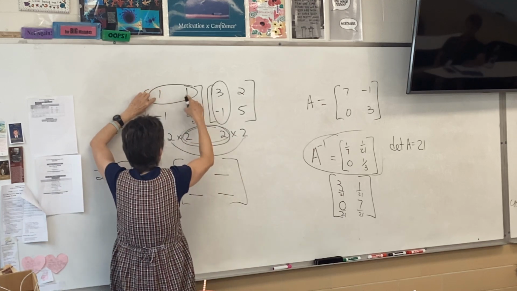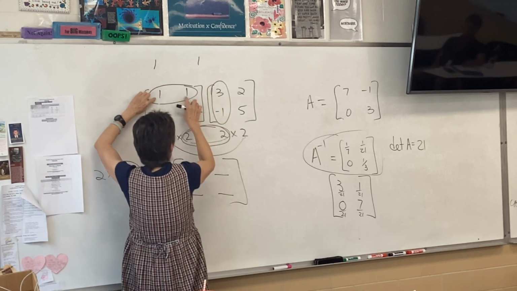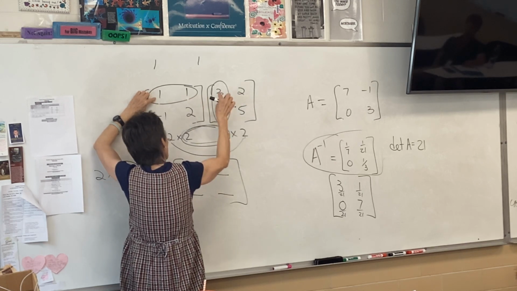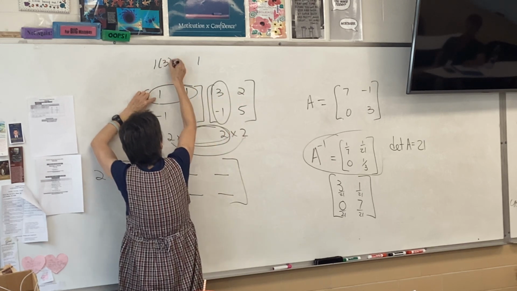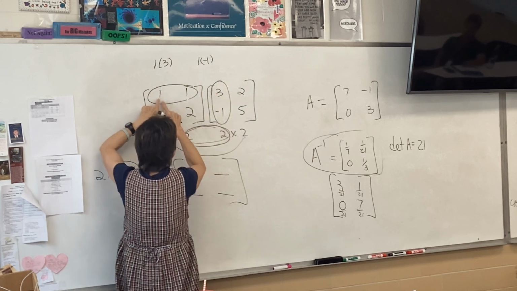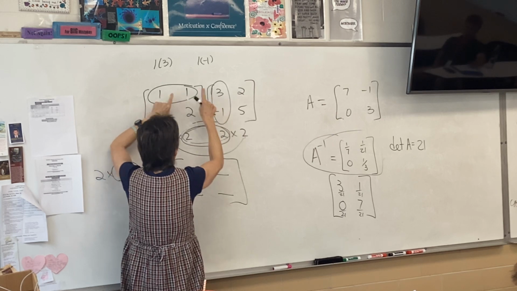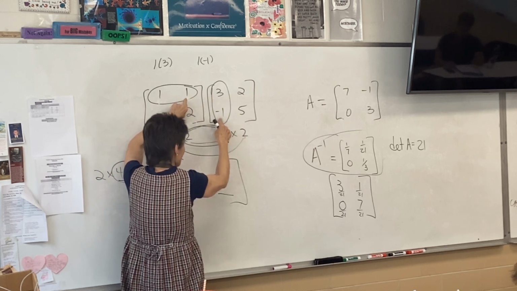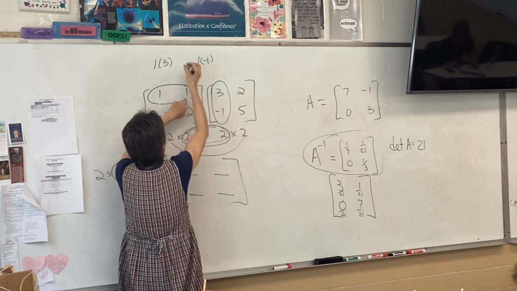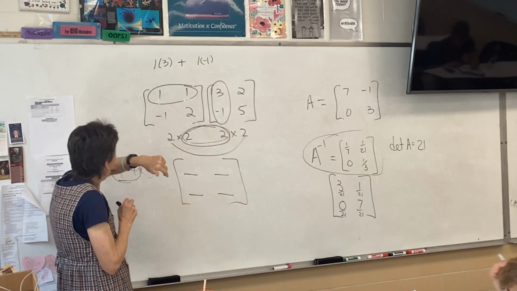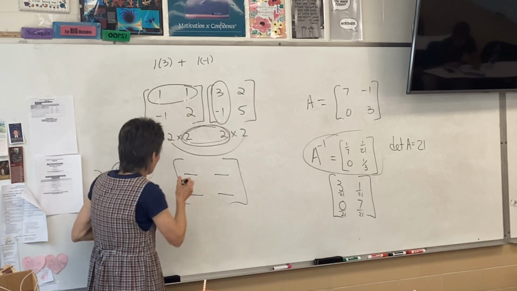I'm going to take these two numbers, 1 and 1, and multiply them by these two numbers, 3 and negative 1. So first number of the row times first number of the column, second number of the row times second number of the column. I'm going to multiply them together, each pair, and then add. So that gives me a 2.